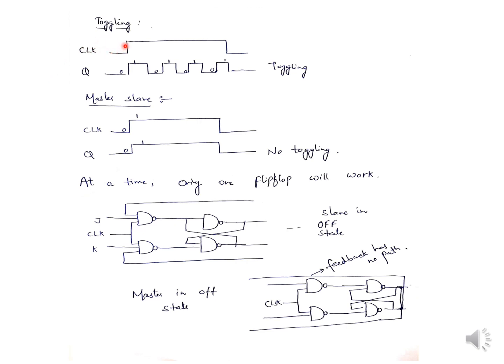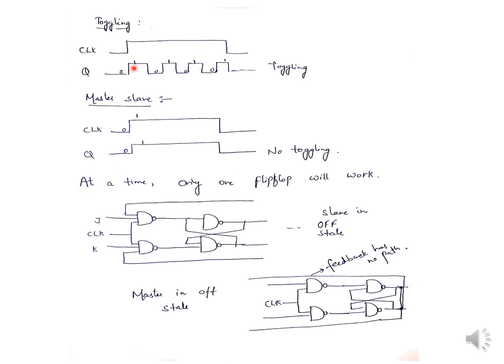See, the clock pulse is high. The clock pulse being high means the clock pulse is of long duration. You can see the clock pulse is very long. So during that clock pulse, the output is toggling 0 to 1, 1 to 0, 0 to 1, 1 to 0. So it is really very difficult to determine the output, because it is changing at a very fast speed.